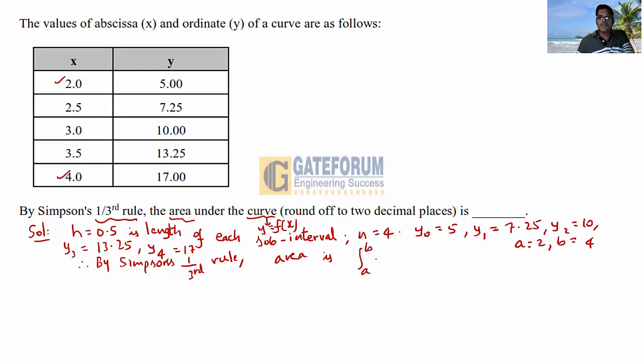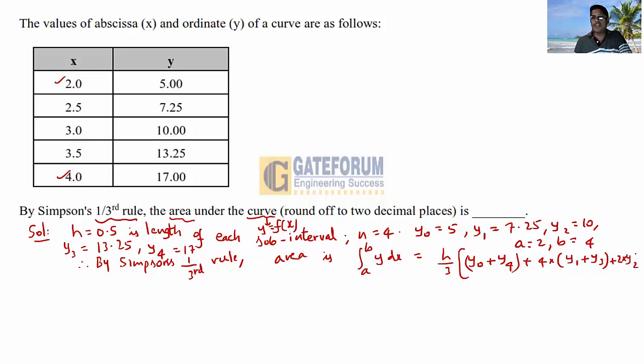The integral from a to b of f(x) dx is h by 3 into y0 plus yn, that is the last ordinate value, y4, without multiplying by anything, plus 4 times the sum of the odd suffix y values, that is y1 plus y3, plus 2 times the sum of the even suffix values, here y2 only.